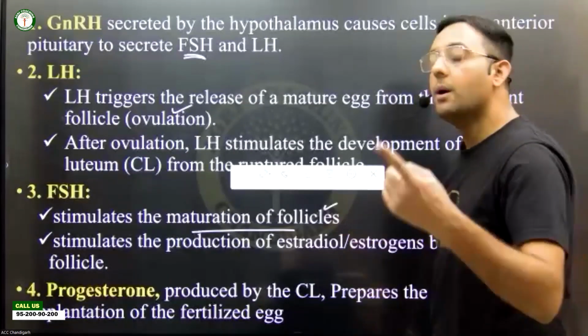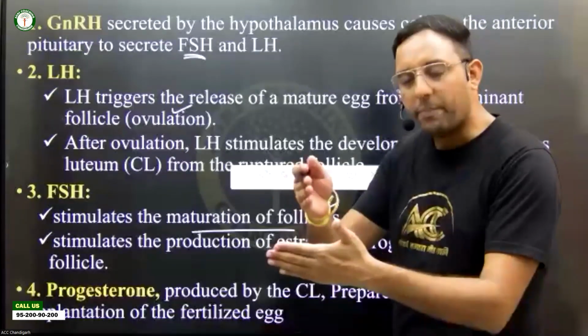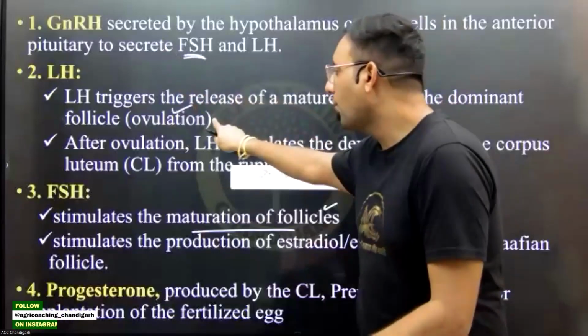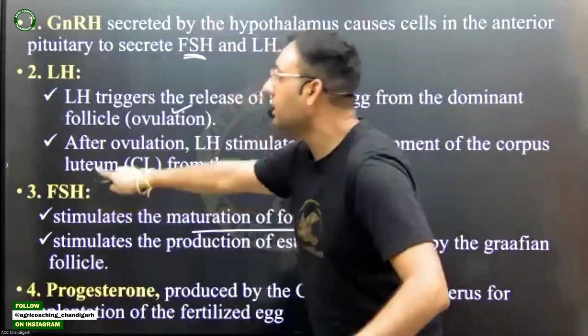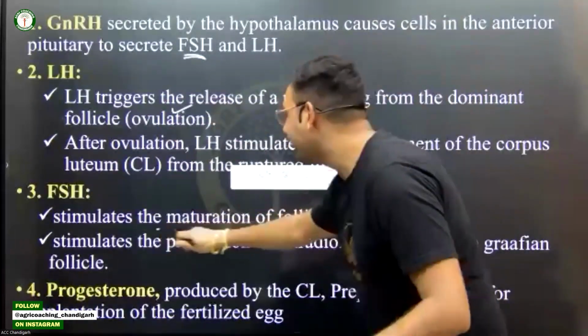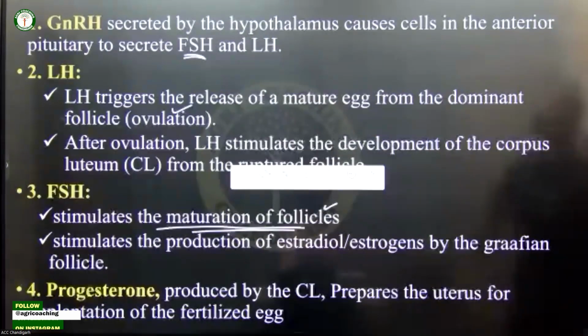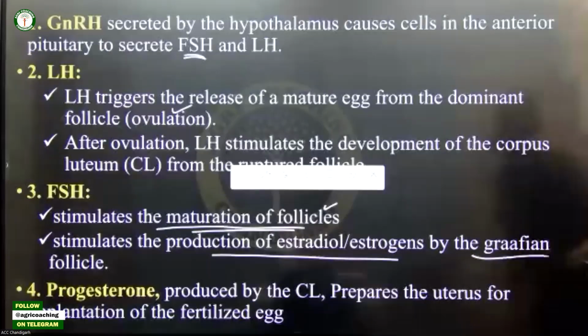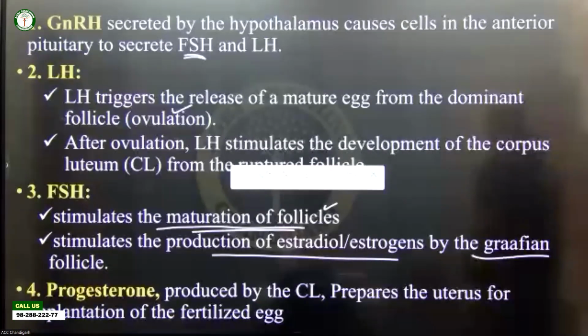As I told you, primary, secondary, and tertiary, because before the maturation of follicles, the egg will not release. LH wants ovulation, and FSH is complementing these efforts by stimulating the maturation of follicles, as well as stimulating the production of estrogen by the Graafian follicles.